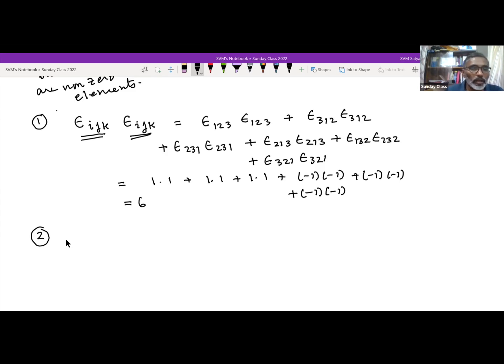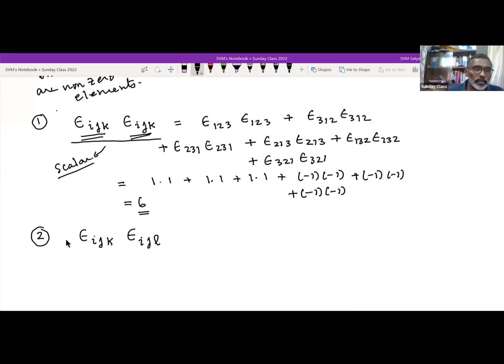Suppose now I make only one of the indices different. So let's say epsilon ijk and epsilon ijl. Now tell me, in the previous case all indices were dummy, so it was a scalar, and we got that to be 6.